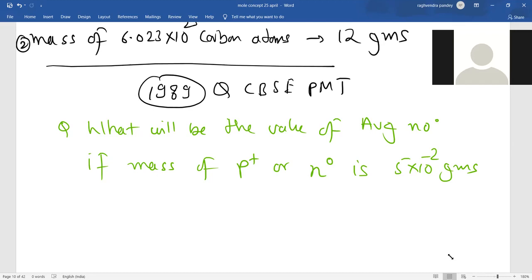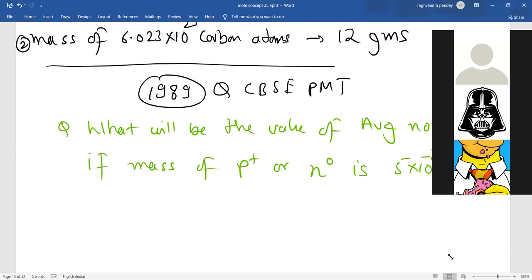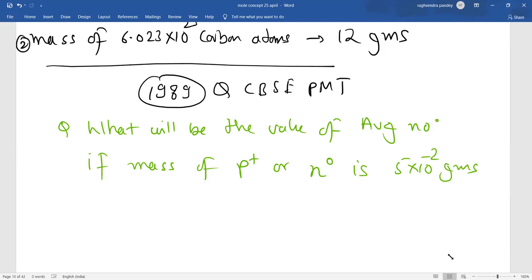Okay, nobody is giving the answer. Aparajita? Sir, 20. Okay, so 20 is there. So I think all of you got it, because what you have to do is just find how much the total mass will be that is equal to 1 gram.